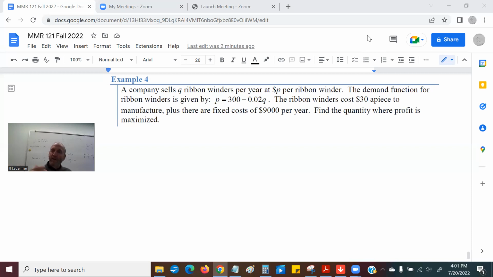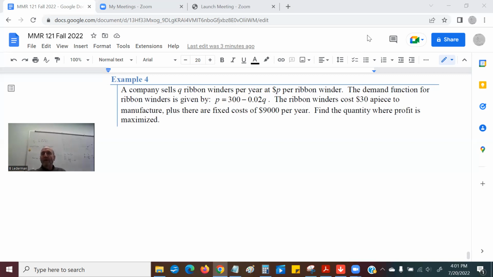And again, we explained quite a while ago that a fixed cost could be for the building, for the machine you have to buy, whatever. It's going to cost 9,000 whether you make one ribbon winder or a million ribbon winders or no ribbon winders. You're paying that, and it doesn't matter how much you do.